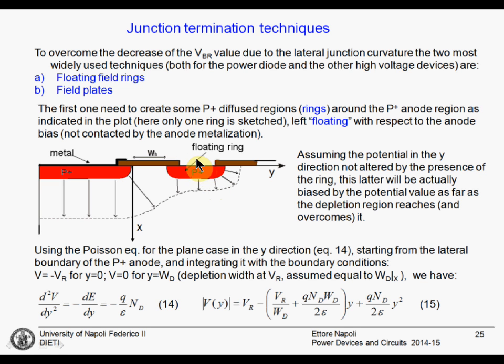The only difference is that here you don't have the metal plate that contacts this region to the anode. So this one is not the anode. This is a ring that is not contacted to anything, hence it is floating. The voltage of this region is not linked with some metal contact to some point.